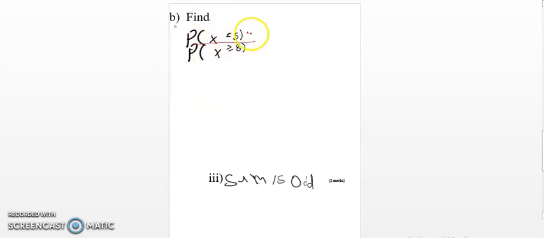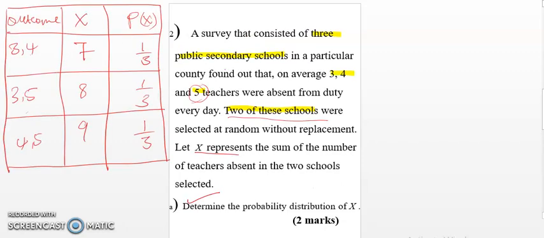If we look at the table that we have in the previous question, we have the probability of x when x is 7, when x is 8, and when x is 9. So we don't have any probability here that says x is less than 5. So anything less than 7 in this probability is simply 0.